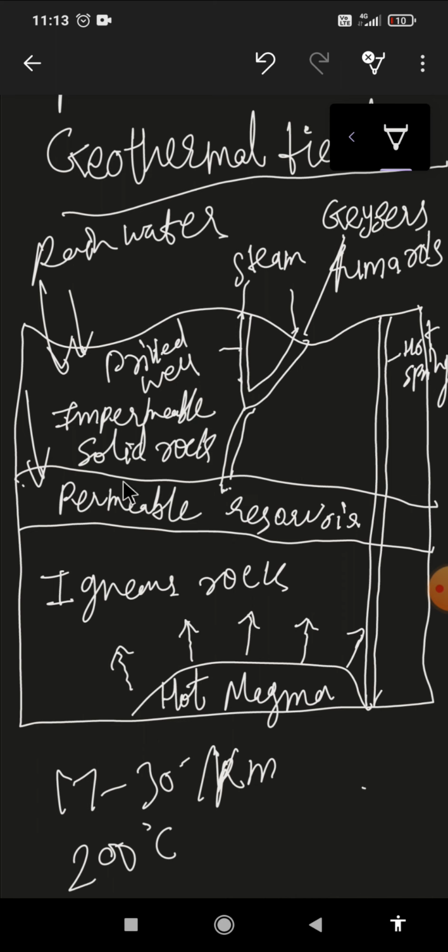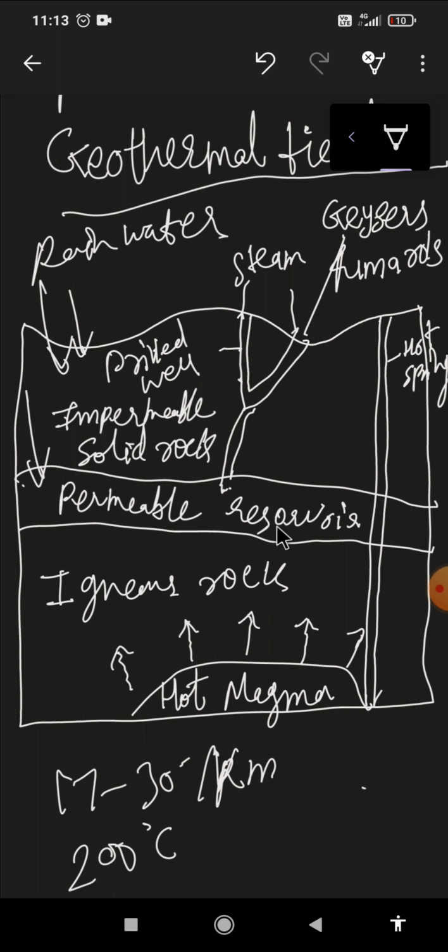So if heat is being transferred through water or steam by convection, it is known as a hydrothermal resource. Some high temperature convective hydrothermal resources result from deep circulation of water along fractures. So this is a permeable reservoir.